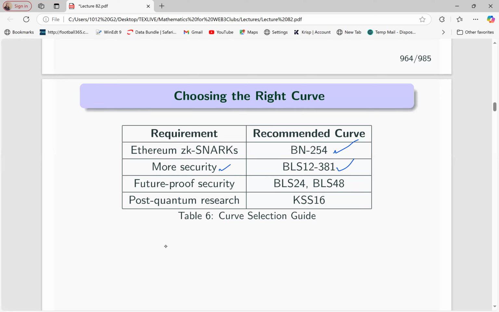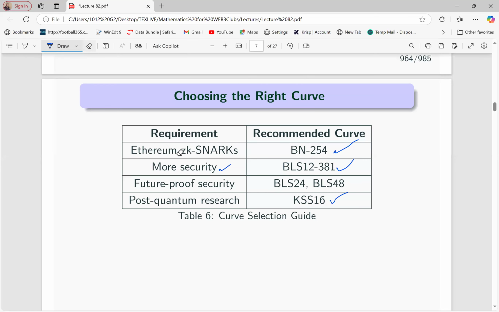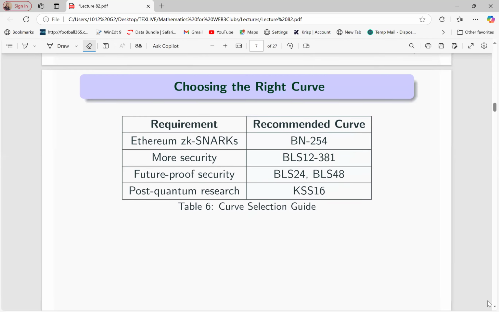If you want future-proof security, if you want to look at post-quantum research, you look at that curve and so on. Well, this is just a recommendation, but you can always use others. But these are the most recommended for these reasons. But there are various other curves that are pairing friendly.